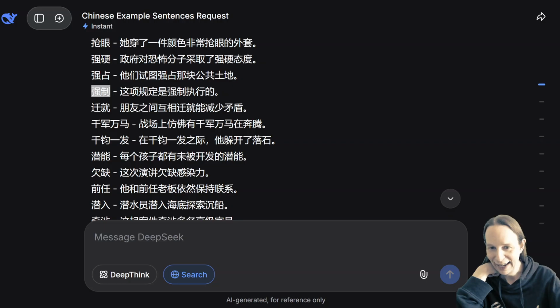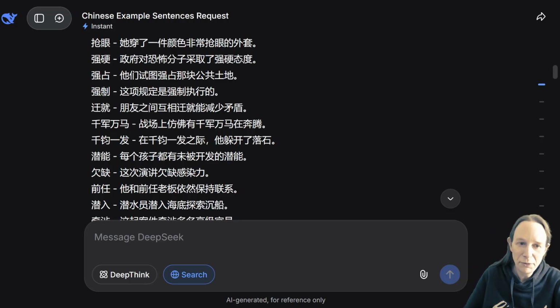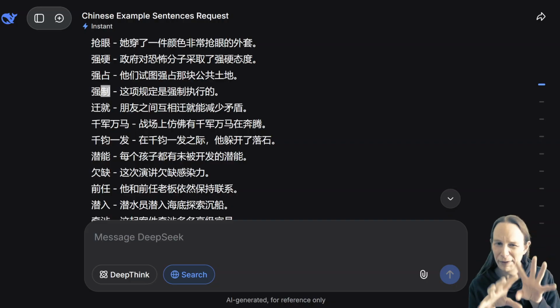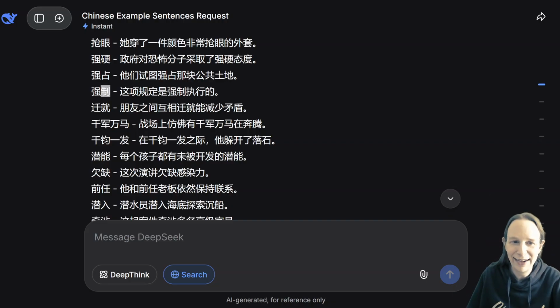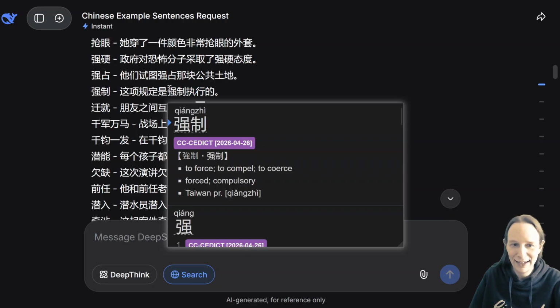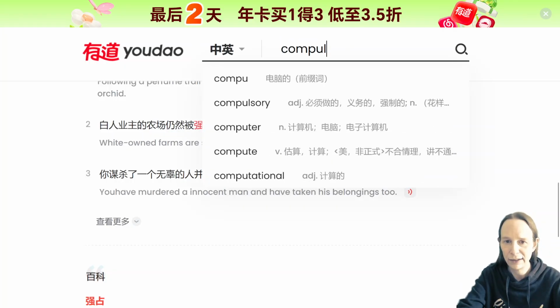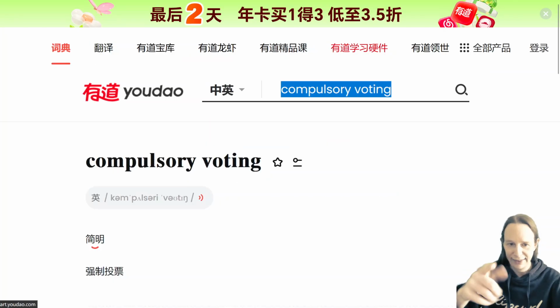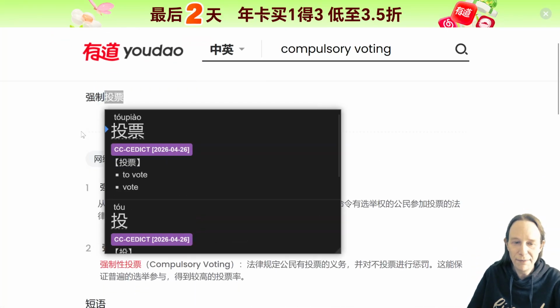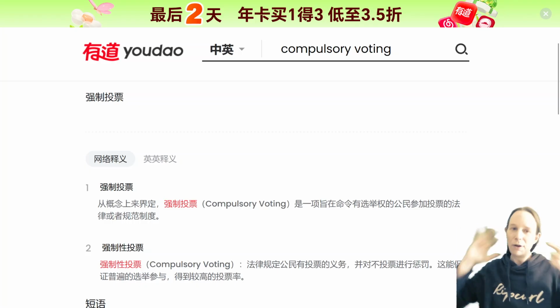强制. So 强 here is again force, 制 would be like 制度. Maybe compulsorily do something. Okay, 这项规定是强制执行的, so the rules are compulsory or compulsorily enforced or carried out. Yeah, I think so. Australia has compulsory voting. 强制投票.